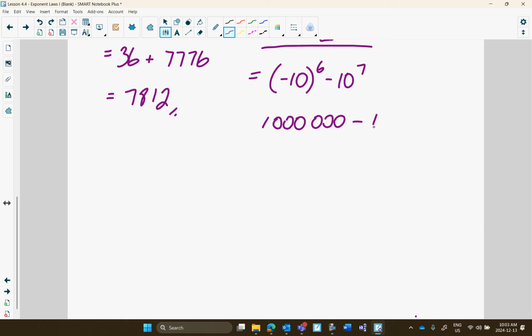And this is going to be 1 and 7 zeros. And what is a million minus 10 million? Positive or negative? Negative, right? Because we're subtracting more. -9 million.